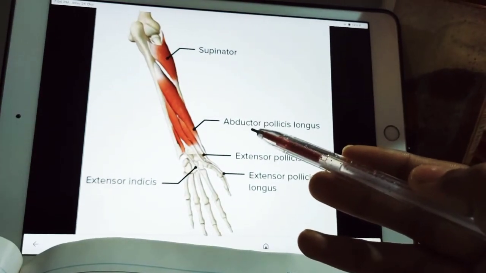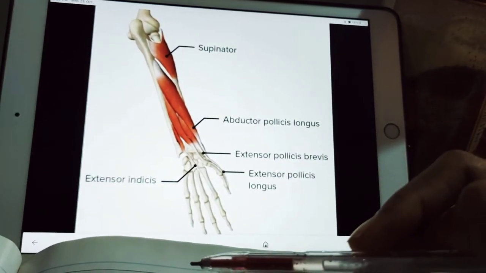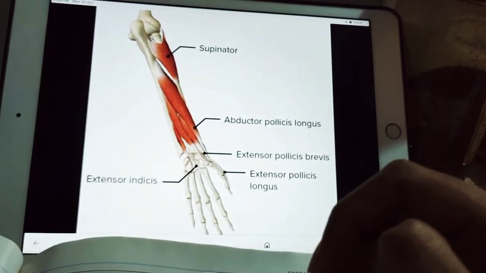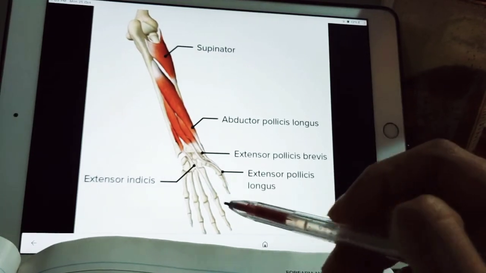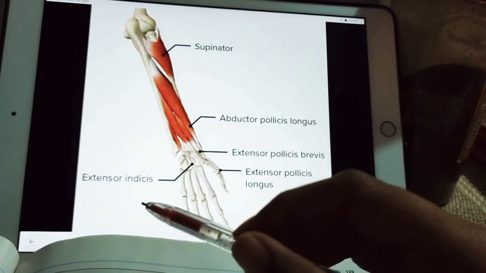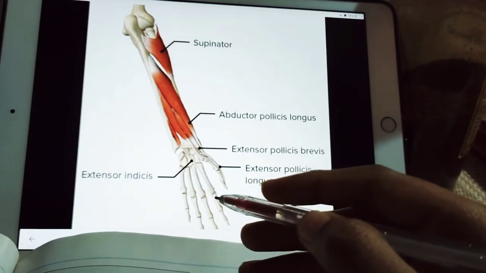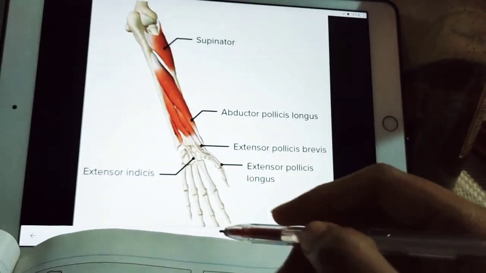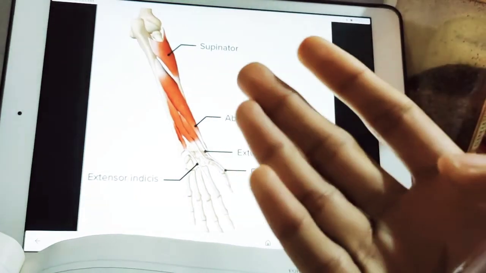Abductor pollicis longus inserts into the thumb base. Extensor pollicis brevis inserts into the base of the proximal phalanx of the thumb. Extensor pollicis longus inserts into the base of the distal phalanx of the thumb. Extensor indicis inserts into the extensor expansion of the index finger. All are supplied by the deep branch of the radial nerve, and their actions are according to their names.